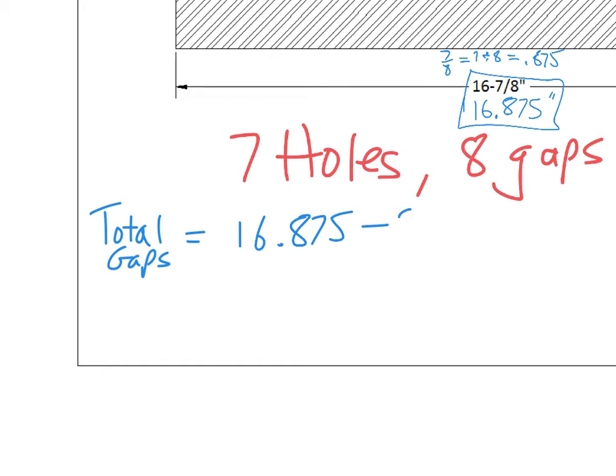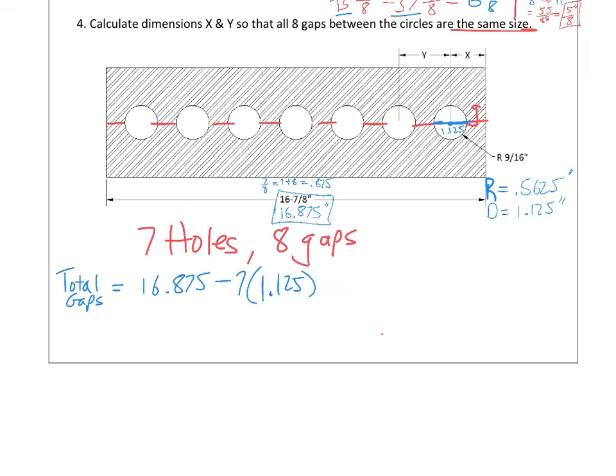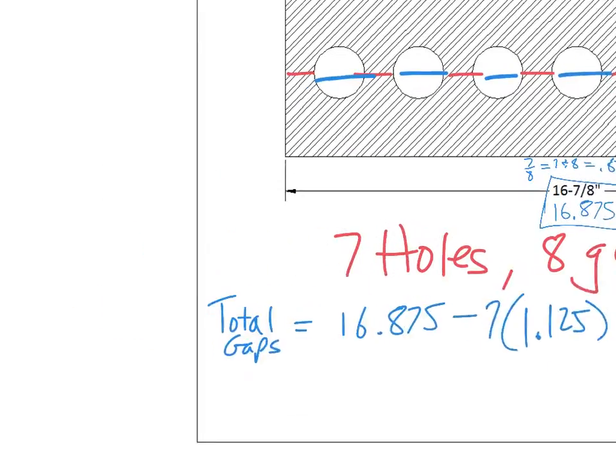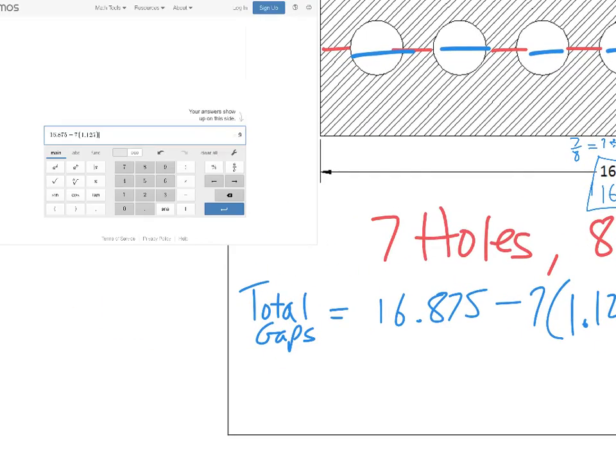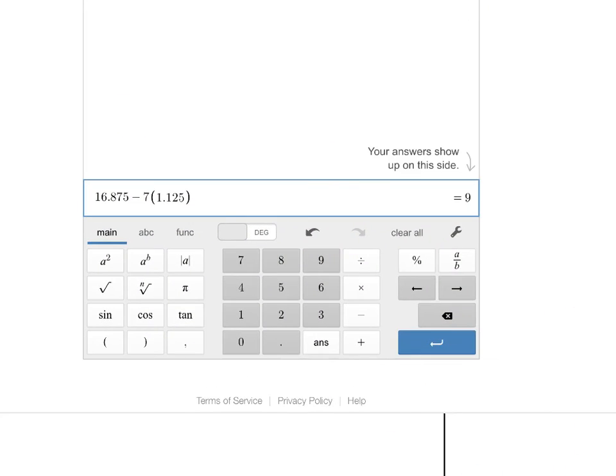And the holes each have a diameter of 1.125. And we're going to let our calculator do the work here, all right? So the diameter of the holes is 1.125. So we're subtracting these 7 blue lines there, and we'll be left with the red lines, all right? And when we do that, that comes out pretty nice.